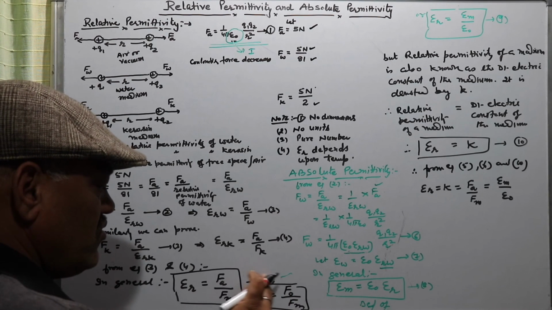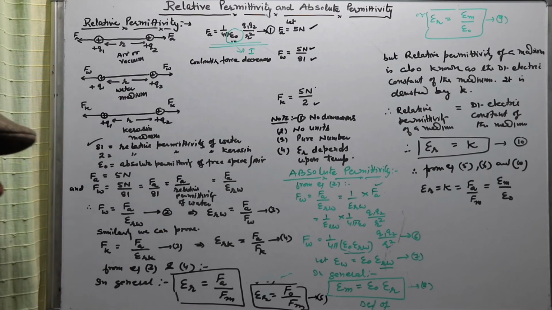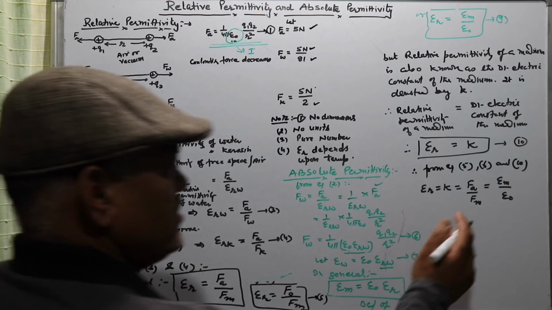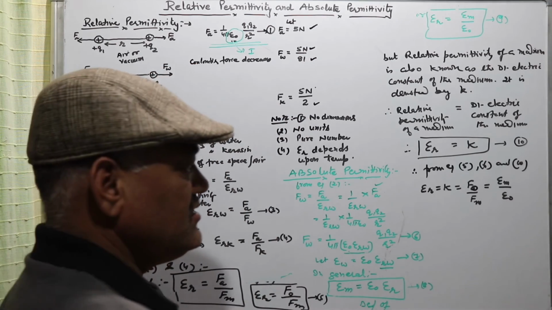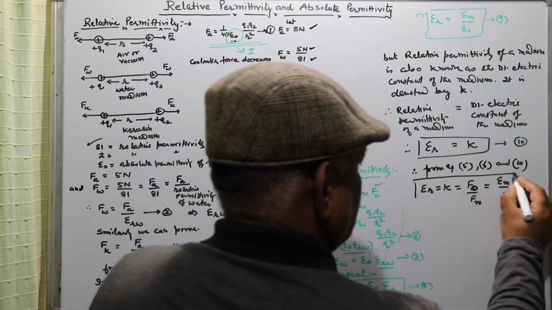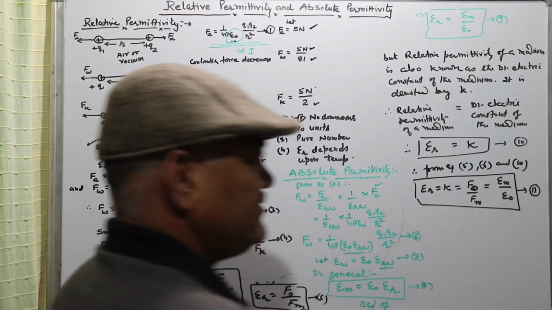So we will write here, this is equation number 5. So here we can write F naught. This is equation number 11.